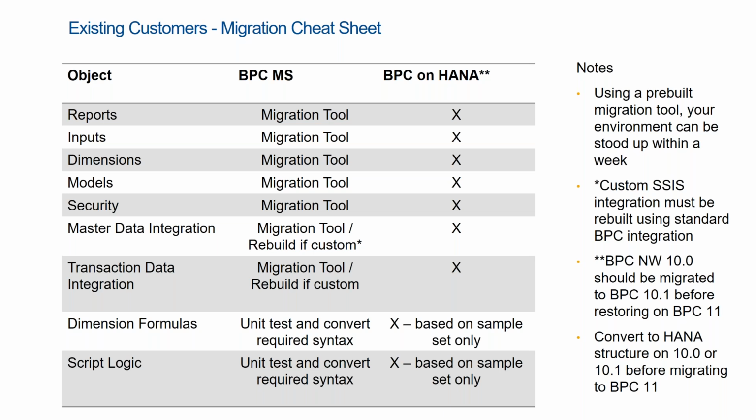Okay, so that includes your reports, your inputs, your dimensions, your models, your security, your data integration for your dimensions, that's what it's called, master data integration, and your data integration for your transactional data, your numerical data. On Microsoft, if you used custom SSIS, or SSAS, or whatever, you've got to rebuild that.